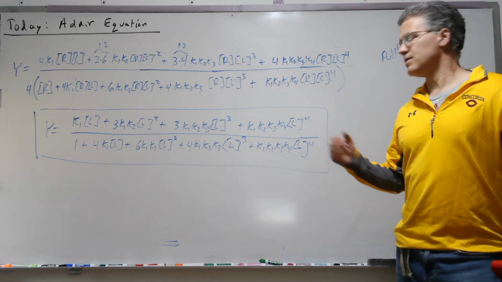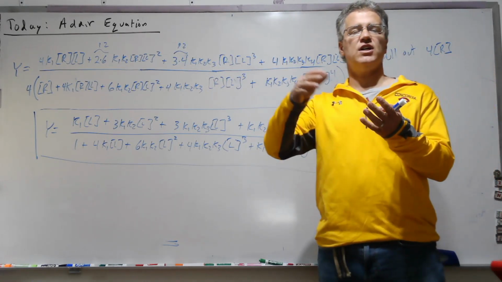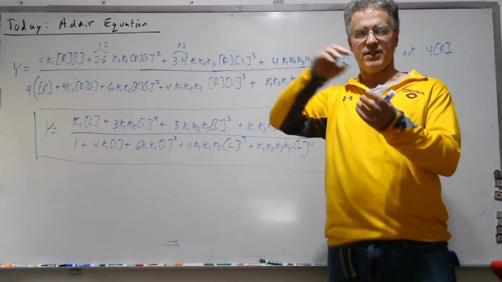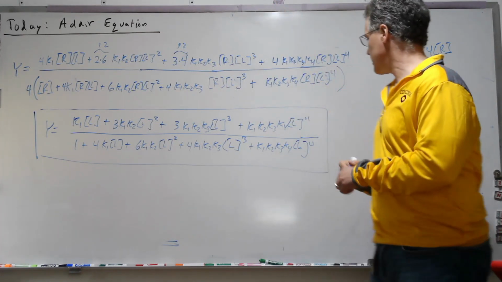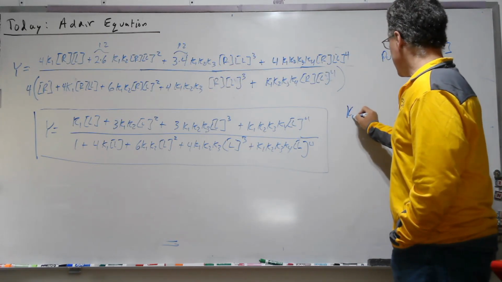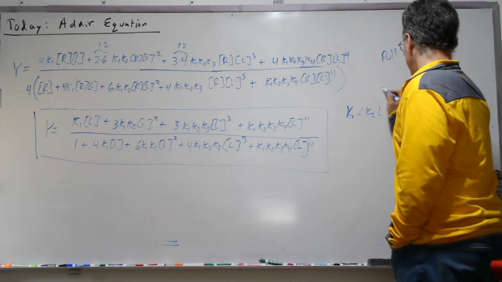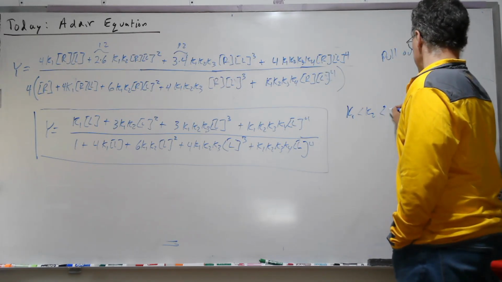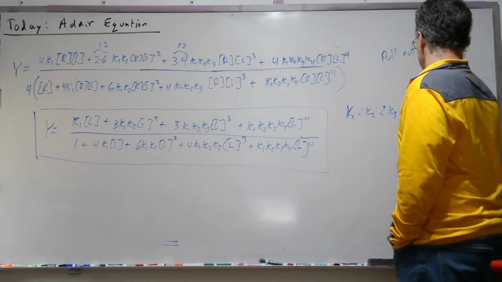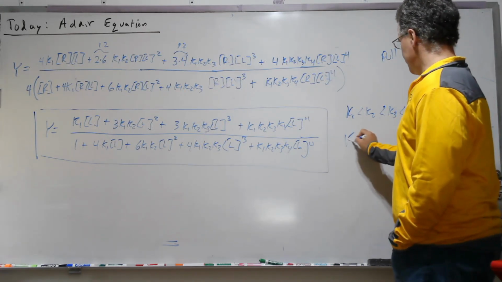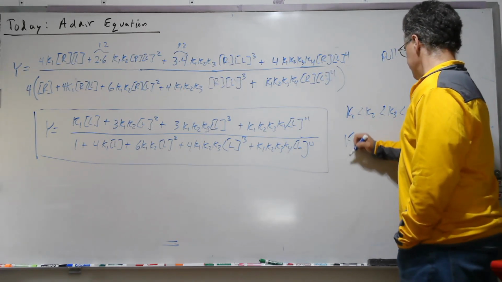And so in just a general case where we have increasingly positive binding, that would mean that K1 is less than K2, less than K3, less than K4. And negative binding would be the other way around.